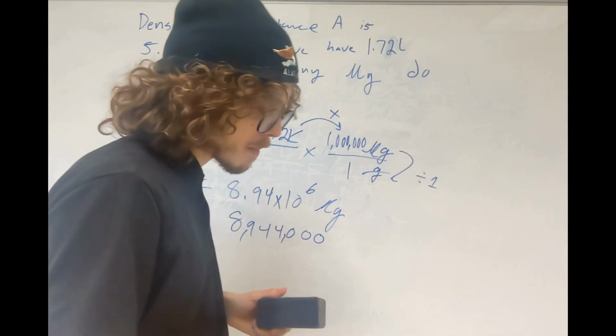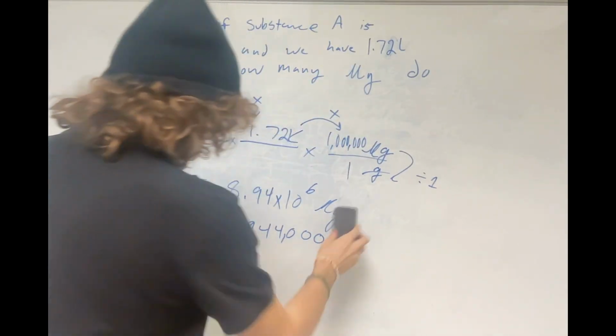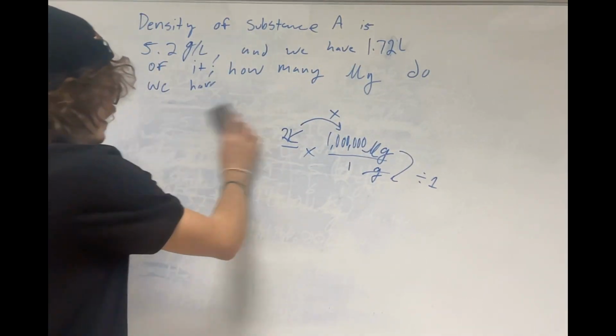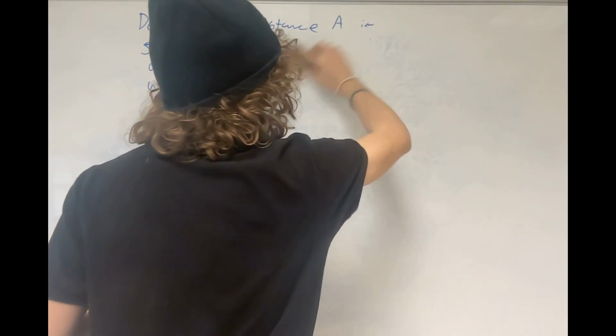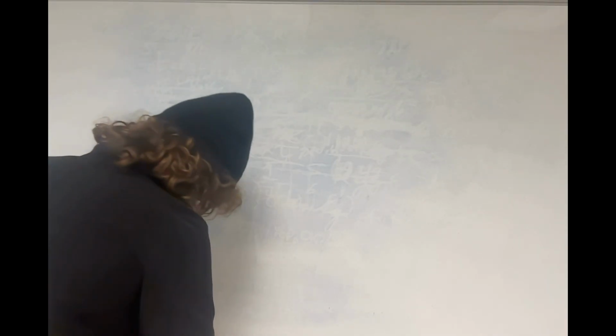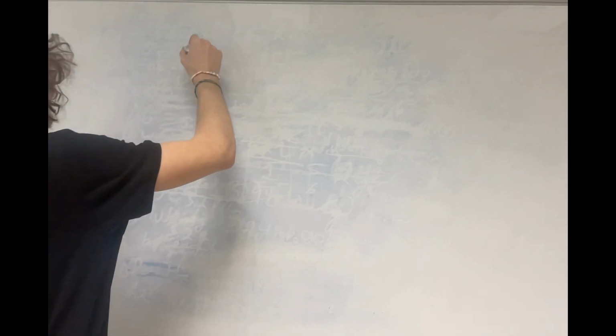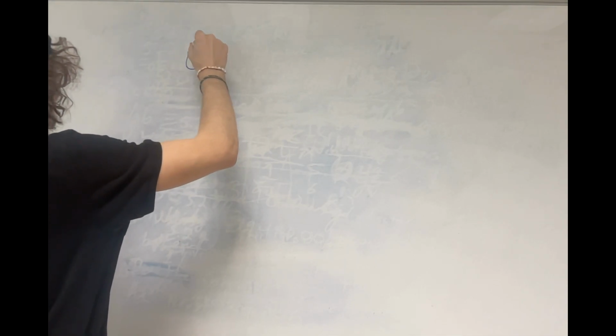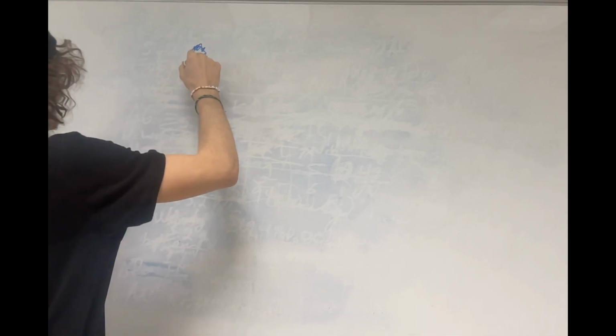Now I want to talk about significant figures. And we're going to start with a little thought experiment. So Bobby's in the lab, right? As Bobby is. Right, here's Bobby.